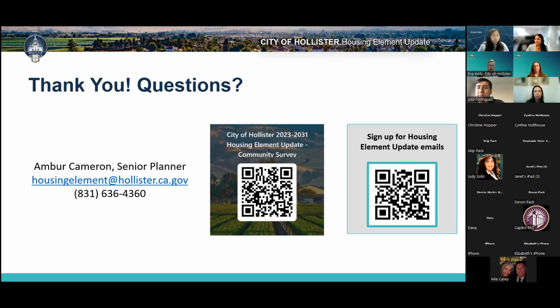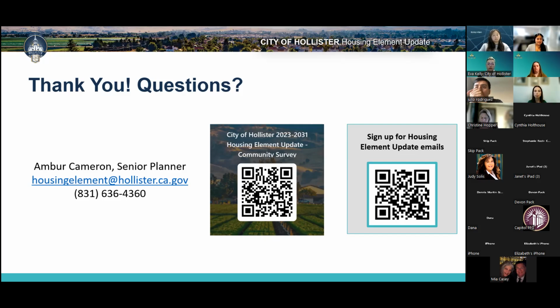Julio, I think your hand went down, but the comment here was that the down payment assistance doesn't contribute to low income or affordable housing stock. It's a subsidy for developers. And we need developers to contribute to the affordable housing stock.